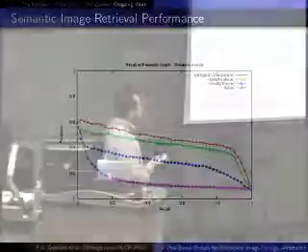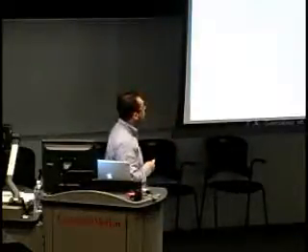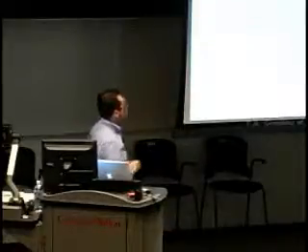So this is just an evaluation. This was done on the basal cell carcinoma dataset that we talked about at the beginning. And this is a precision-recall graph, common in information retrieval. What you really want is to have the highest precision and the highest recall.